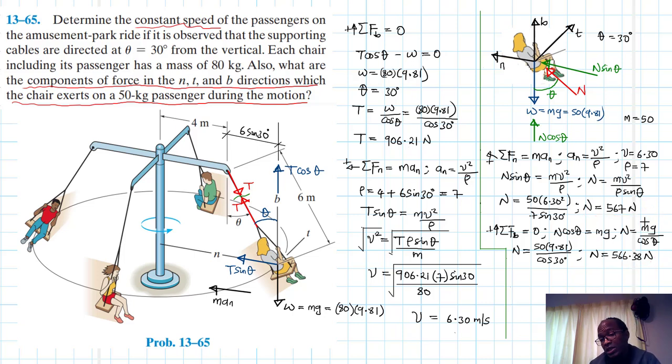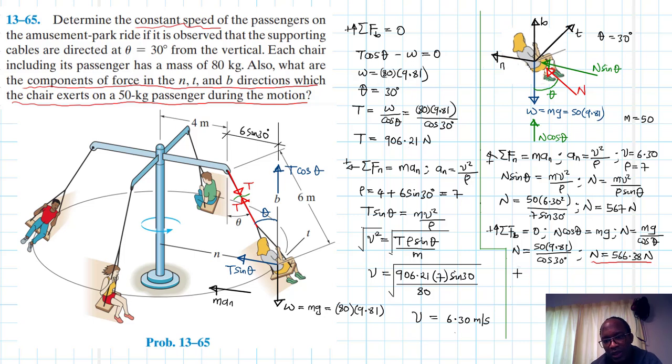But again, this is not a big deal, right? A difference of just about a Newton is almost negligible considering the forces that we are dealing with. So it's really up to you which one to go for. This is what happens when you do round-offs. For me, I'm going to go for this one, for really no apparent reason. You can go for the other one.